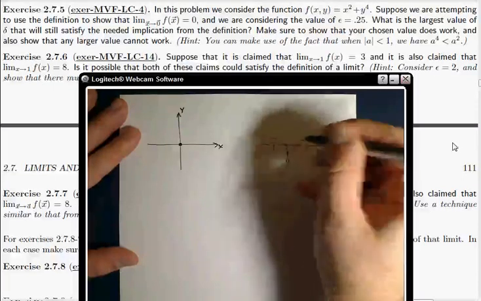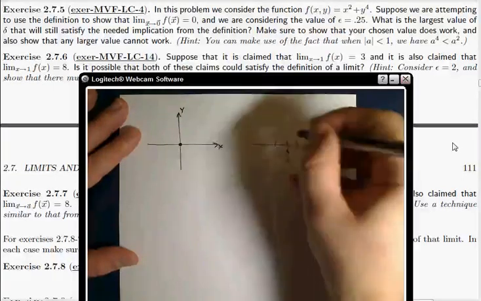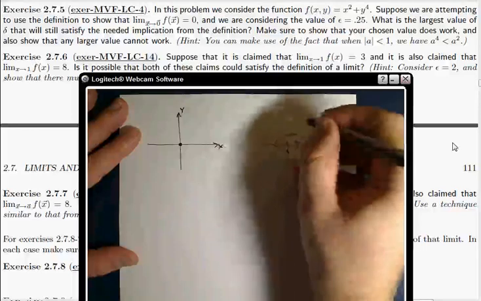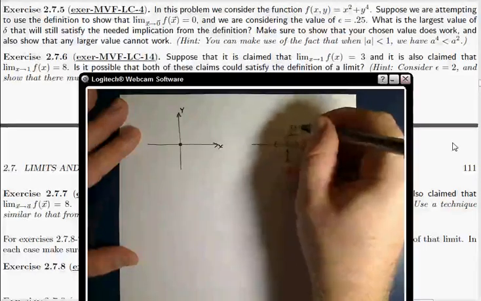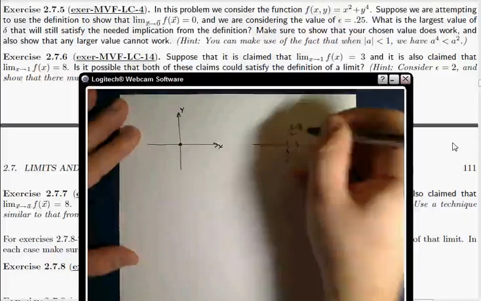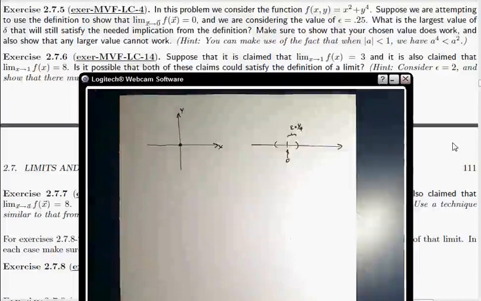So we're going to look around there. Epsilon equal to 1/4, and I want to know what's the corresponding value of delta. What's the largest delta that can work?